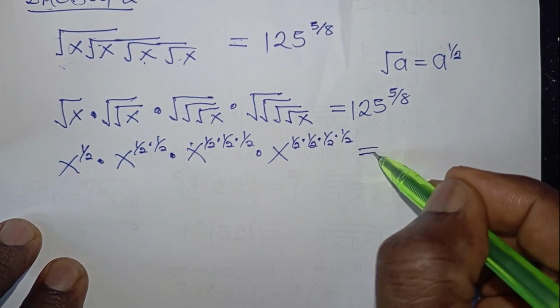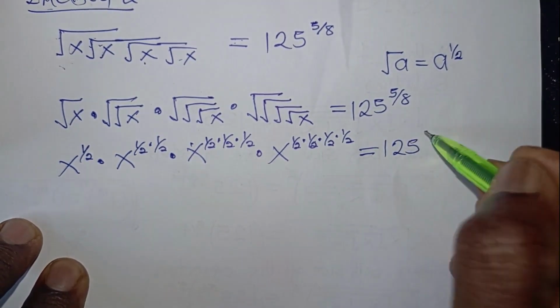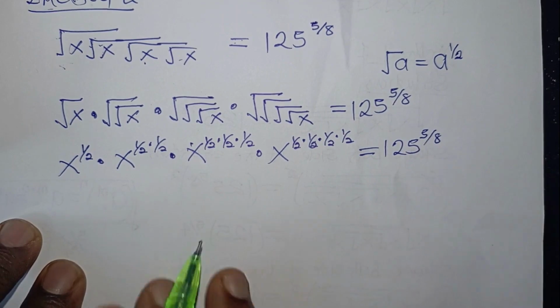So this will give us 125 raised to the power 5 over 8.